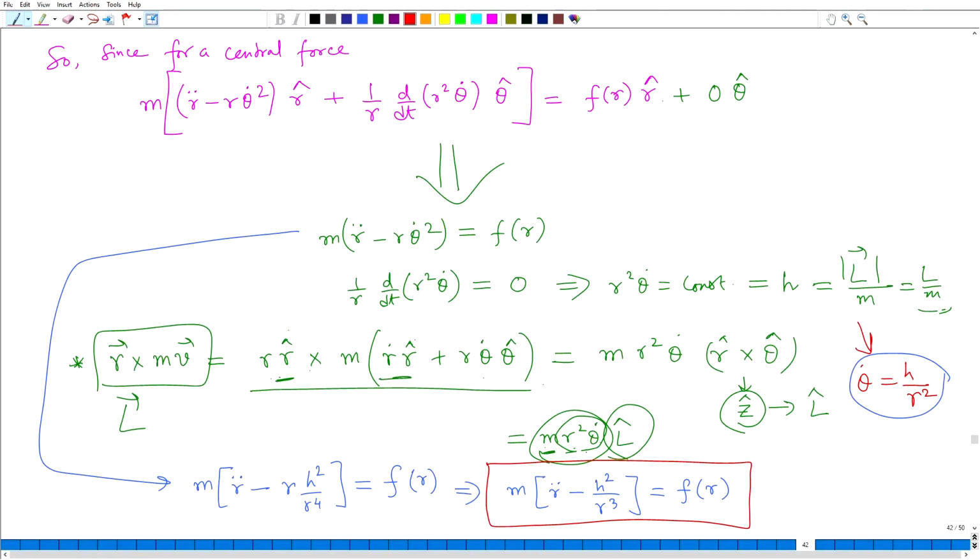Now, you see, using the fact that the angular momentum has a constant magnitude which relates theta dot to r square, finally reduces the equation of dynamics under the central force motion only in terms of r and the time derivatives of r. So, that is why finally you can see the whole equation of dynamics becomes effectively reduced to one space coordinate and its derivatives.